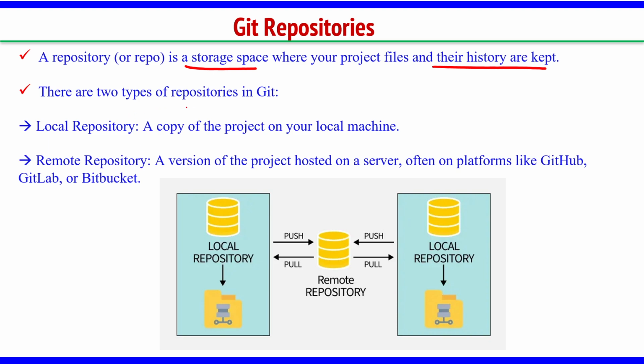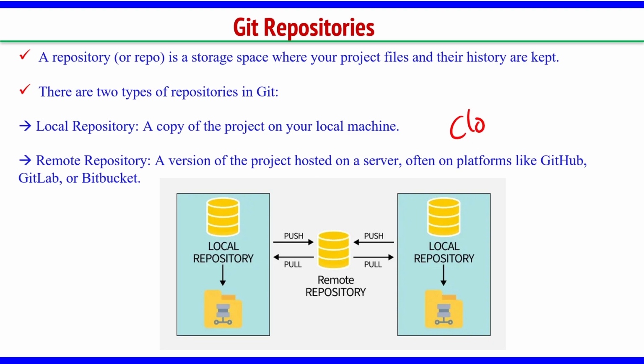There are two types of repositories in Git. Local repository, a copy of the project on your local machine. In my laptop I can have that code. Remote repository, a version of the project hosted on a server, often on platforms like GitHub, GitLab and Bitbucket. So we are going to see all these three.